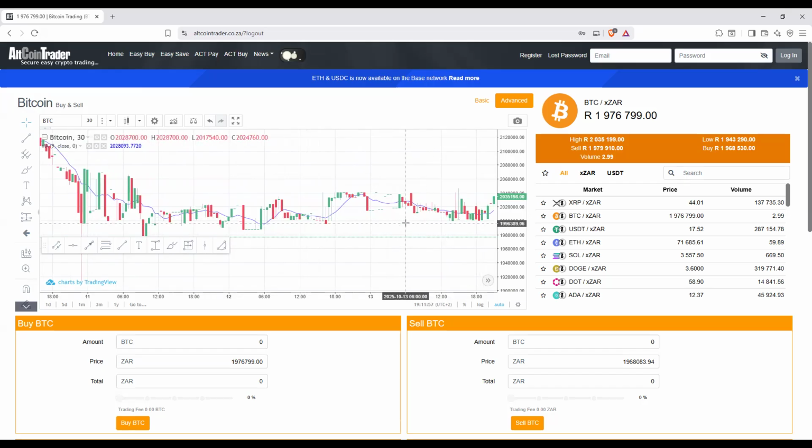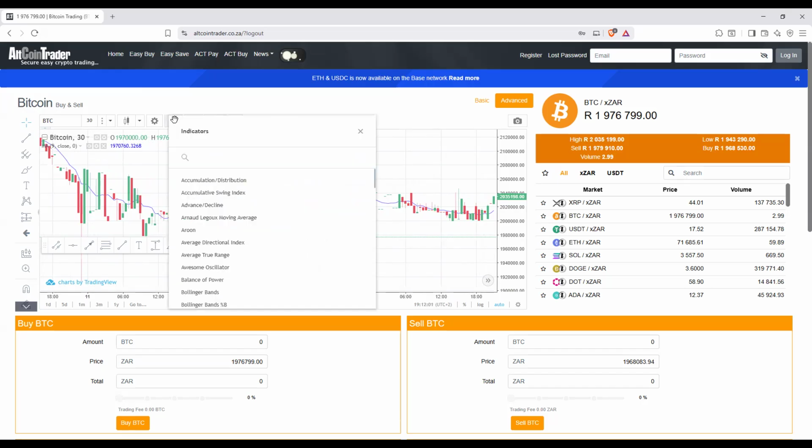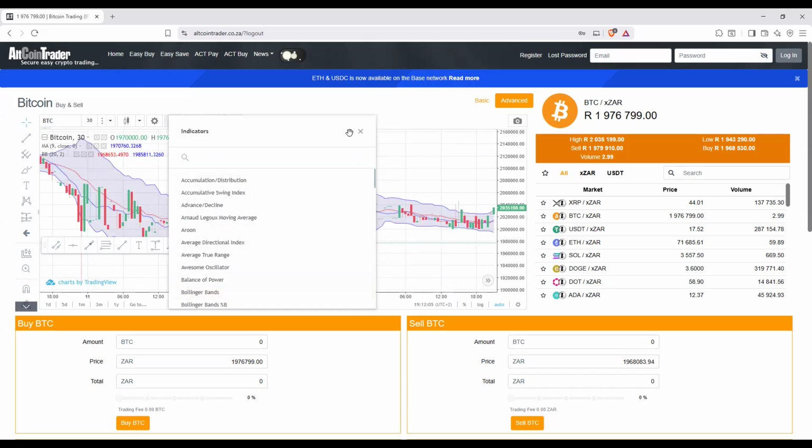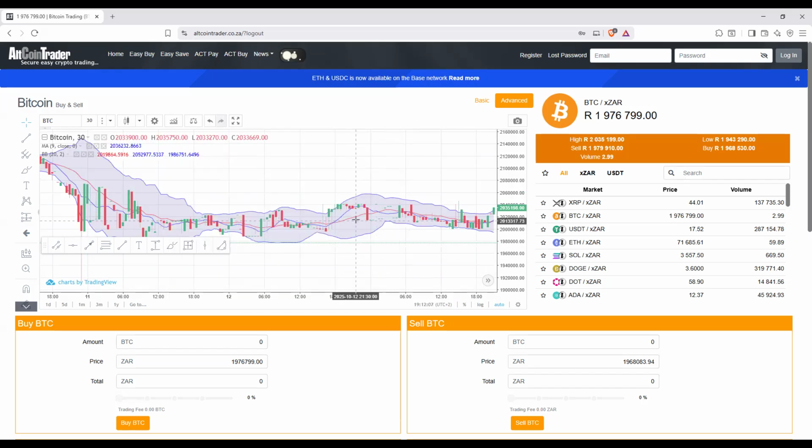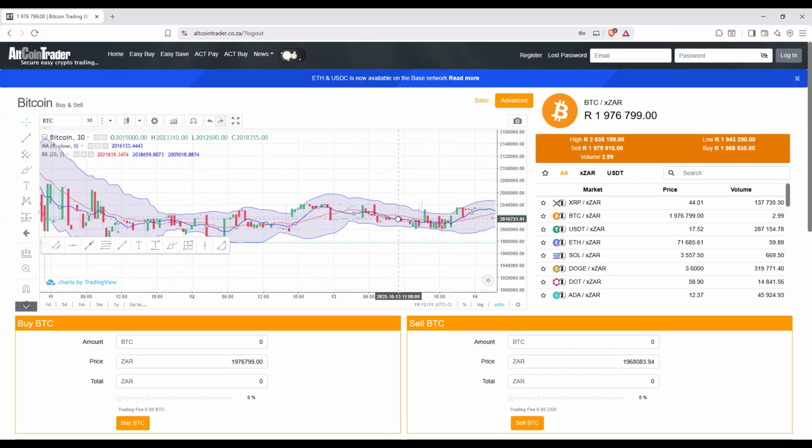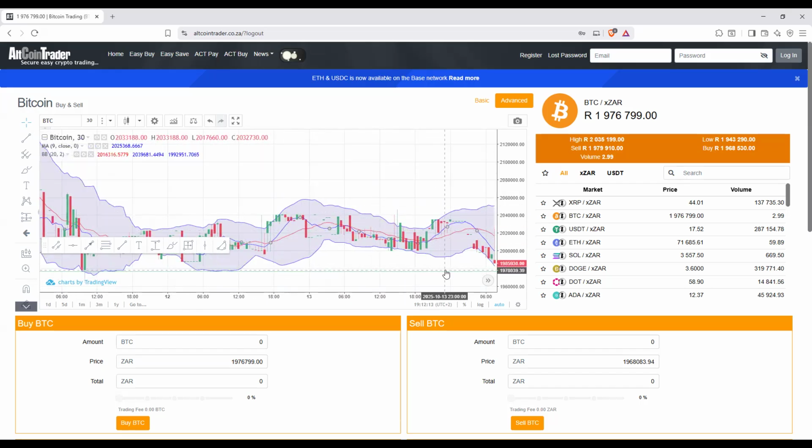Now, this tool we can use together with our Bollinger Bands, because the Bollinger Bands also use a moving average line. You can see there's the moving average line, so that's the center of where the price should be. The Bollinger Bands has a red moving average line.